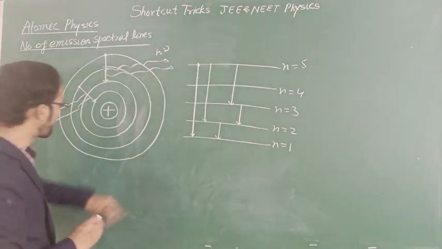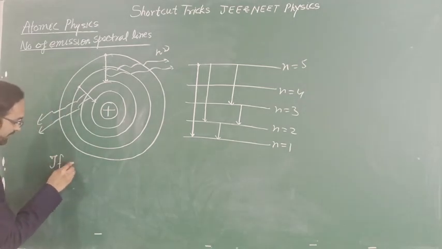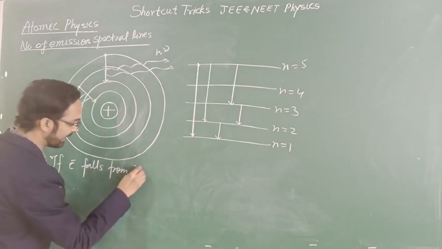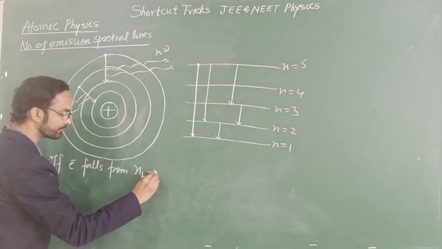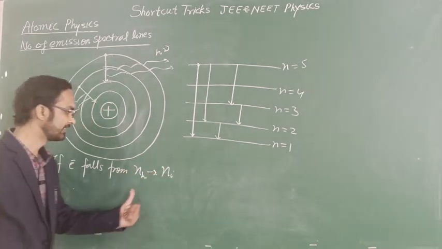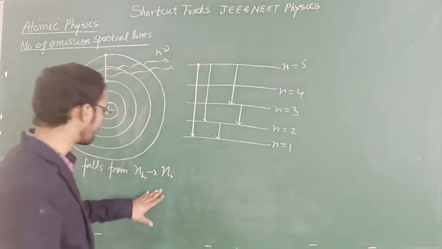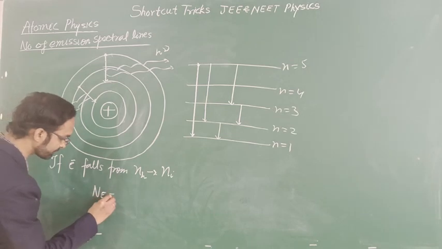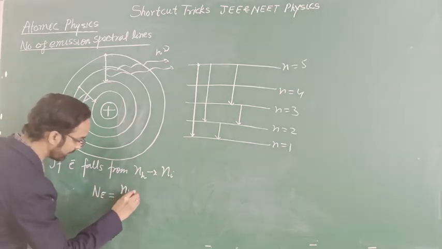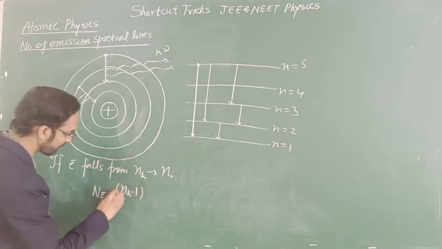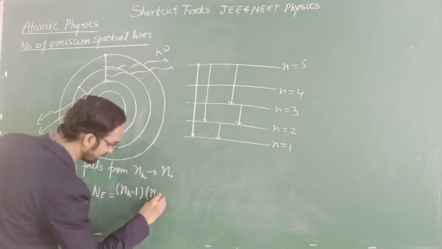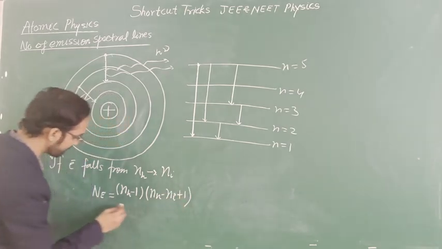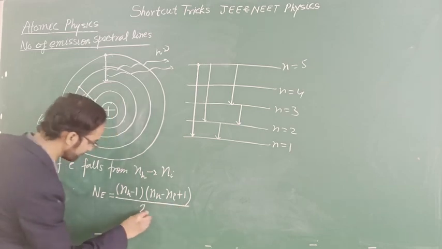If any electron falls from nH to ni, nH is the higher energy orbit and ni is the lower energy orbit, then the number of spectral lines Ne is given by (nH minus 1) into (nH minus ni plus 1) upon 2.